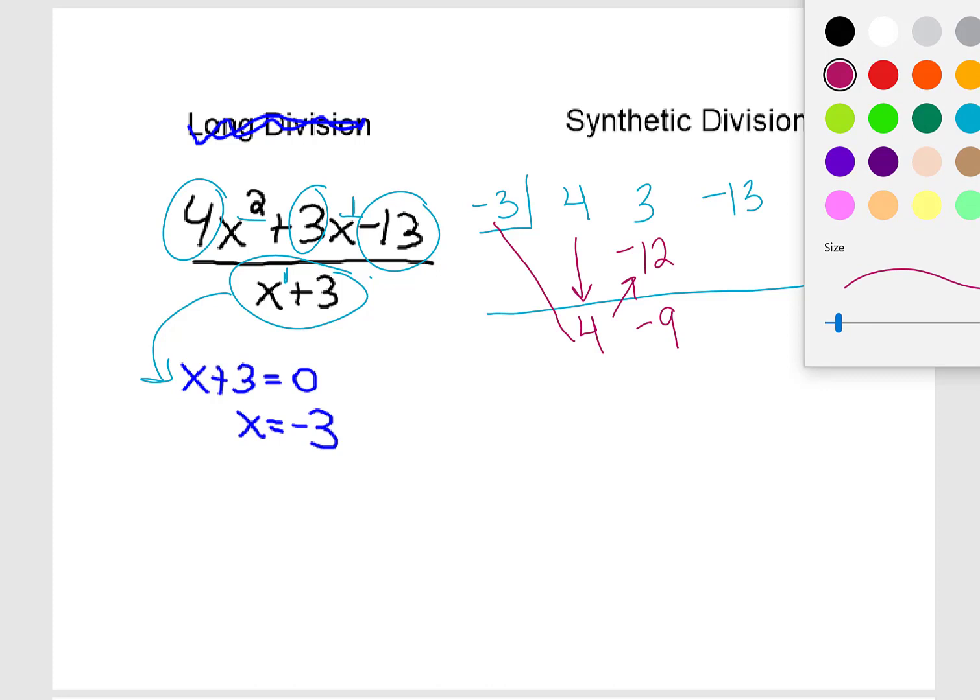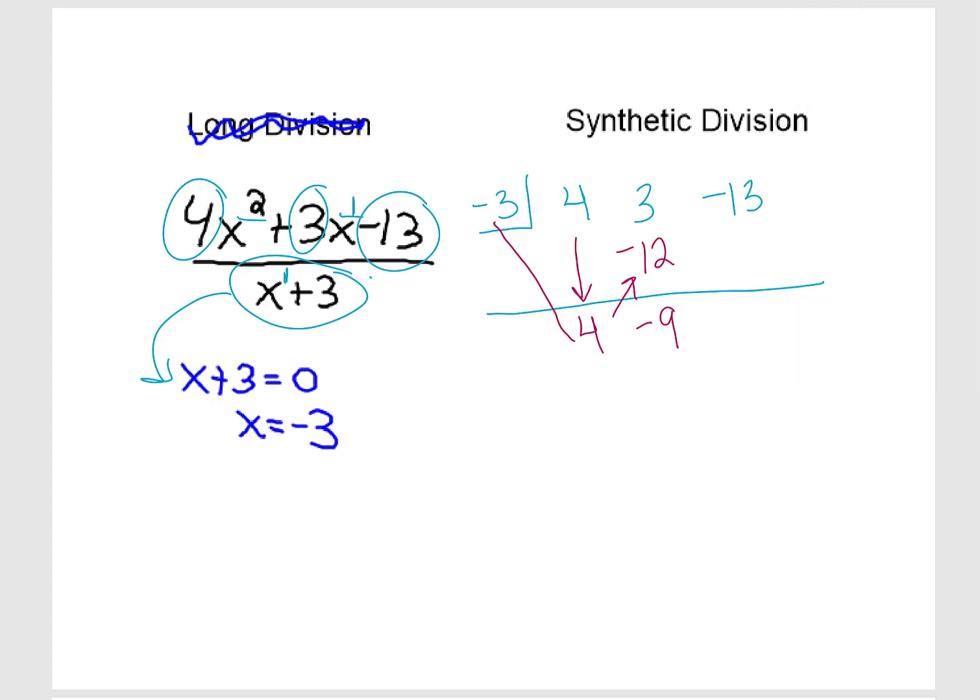Then you start the process all over. -3 times -9 gives positive 27, and then we add.